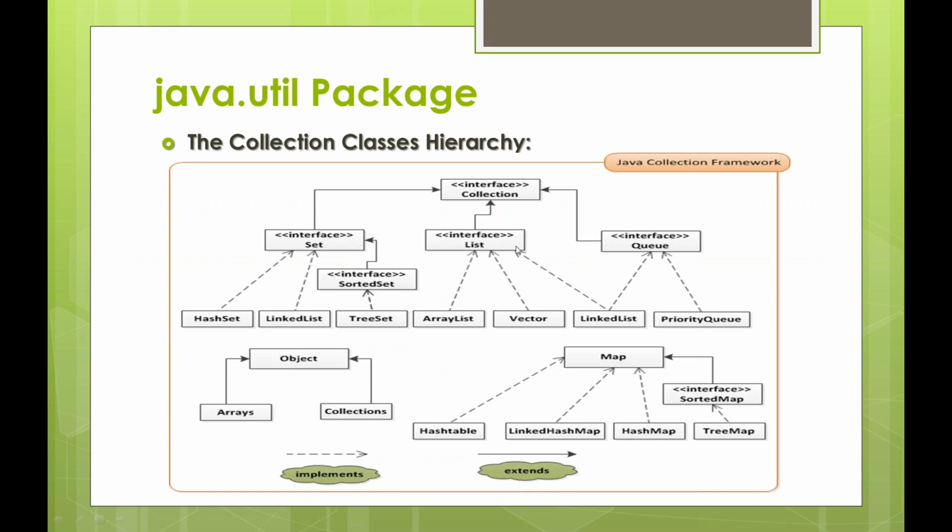You can easily make out the interfaces, and then the others are your classes. We have another section that is your map. We will discuss those in our next session. And there are some more classes which are legacy classes, like hash table, vectors, and a few more. We'll discuss all those things.